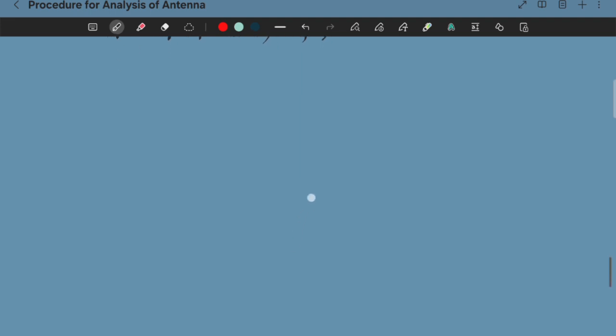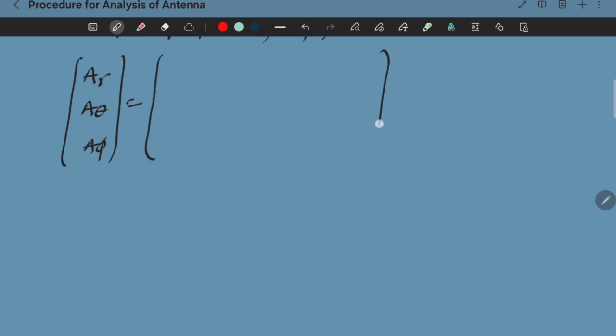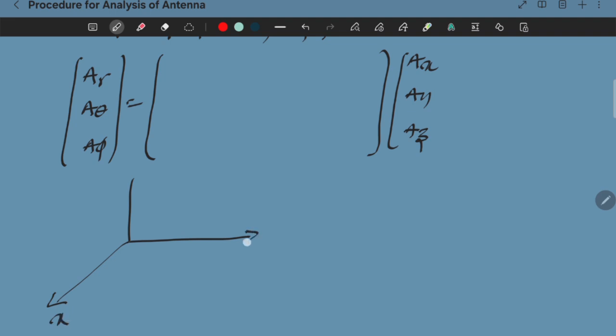So the vector conversion we have to use: Ar, A theta, A phi. For the conversion formula we have to write this 3 by 3 matrix into one column matrix, that is Ax, Ay, Az. So for conversion, quickly I will revise the things.